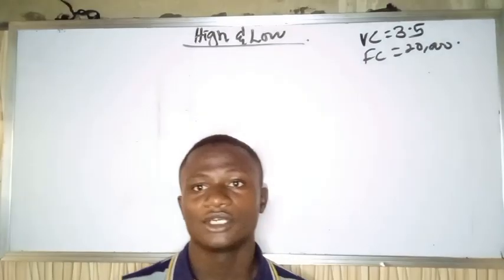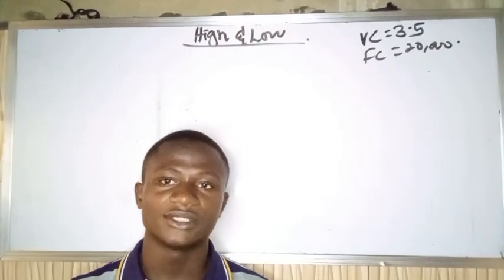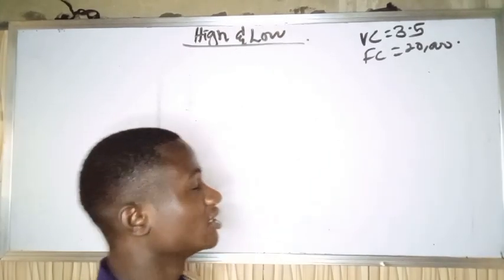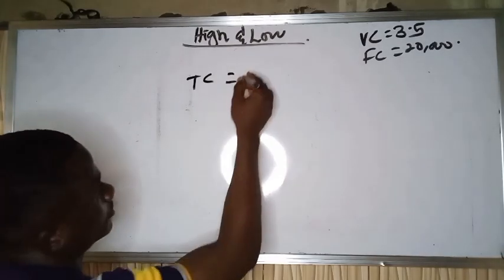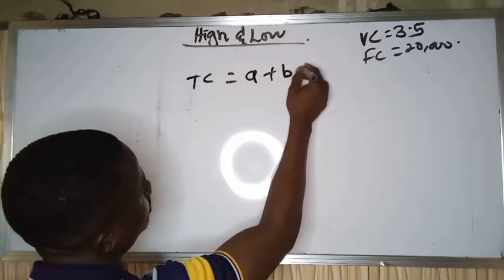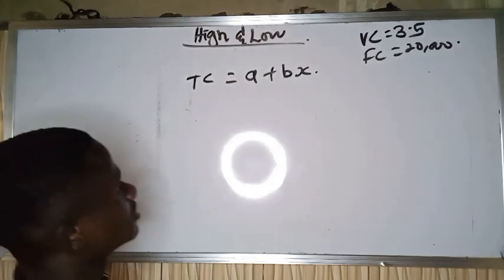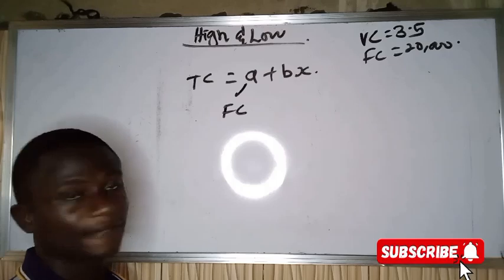So now the next thing we want to do is to establish our cost relationship. How do you establish your cost relationship? Let me give you guys a format. Your total cost is equal to A plus BX. This A is your fixed cost because it does not change.